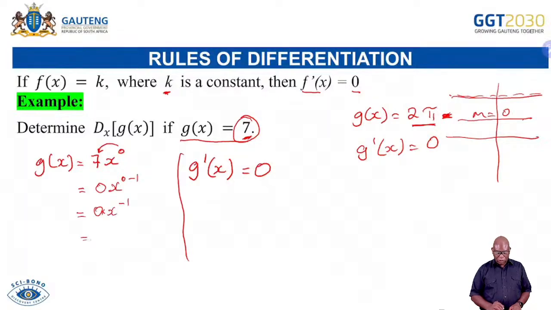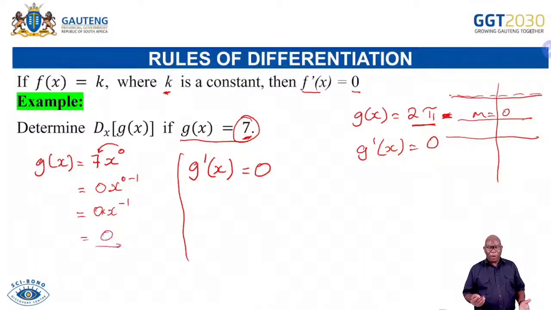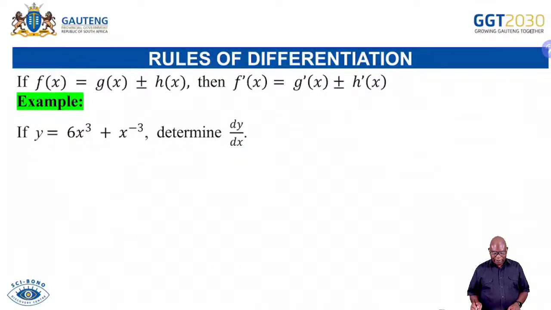Anything multiplied by 0 will give us a 0. Okay, so the answer will be 0. So you don't have to work it out. Just write a 0. If you see a constant and they say use the rules, you write a 0. Okay, right.